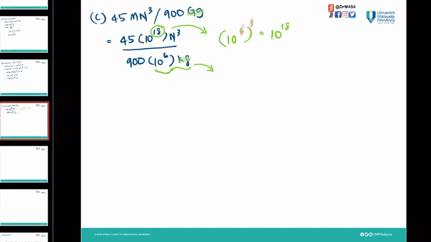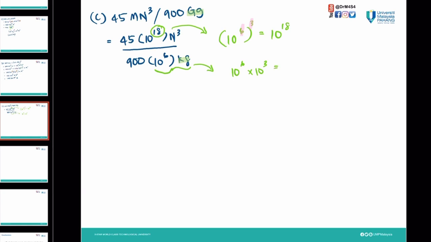Giga is 10 power of 9. And remember, we have to convert into appropriate measurement. We cannot use gram, so we're going to use kilogram. Kilo is 10 power of 3. So we left another 10 power of 6 times 10 power of 3.